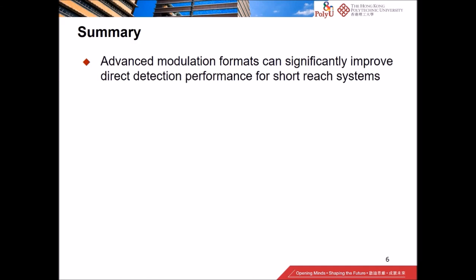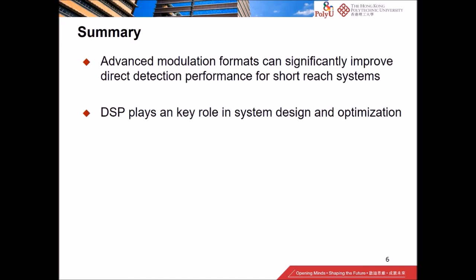In summary, what we are trying to say here is that advanced modulation formats and DSP can significantly improve direct detection performance for short reach systems. And obviously, DSP plays a key role in system design and optimization.